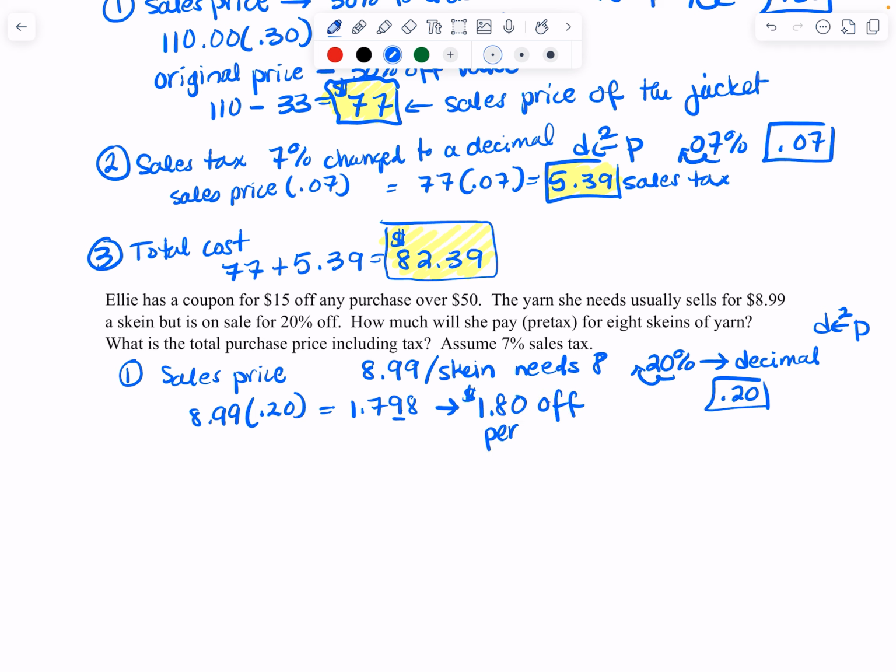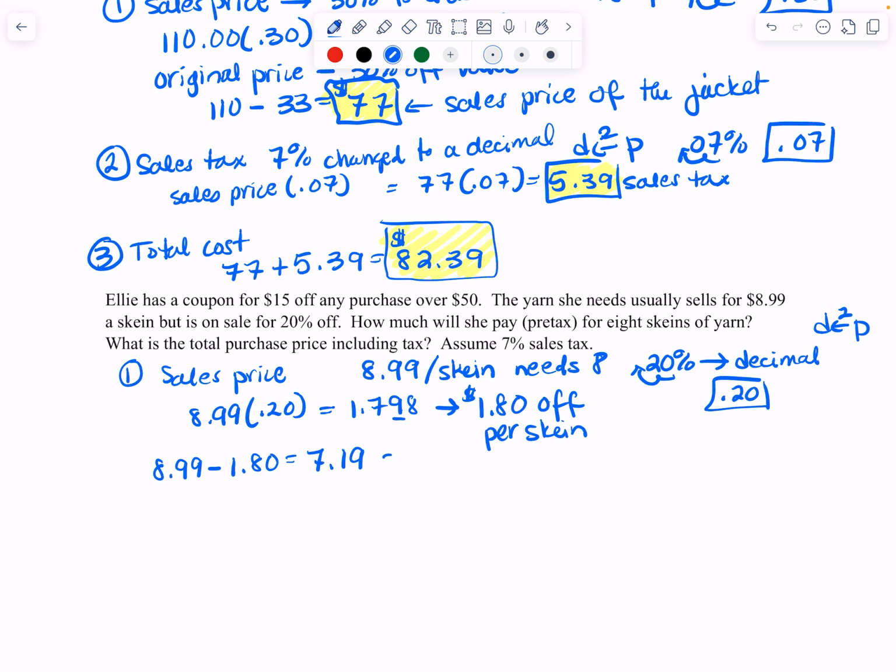So I'm going to get $1.80 off per skein. Okay? All right, so let's figure out what that is. I'm going to take the original price of $8.99 and subtract off the discount, which is $1.80. 8.99 minus 1.8 is 7.19.